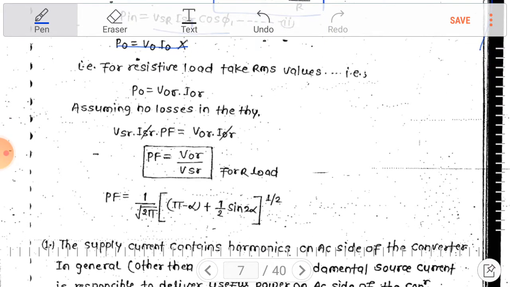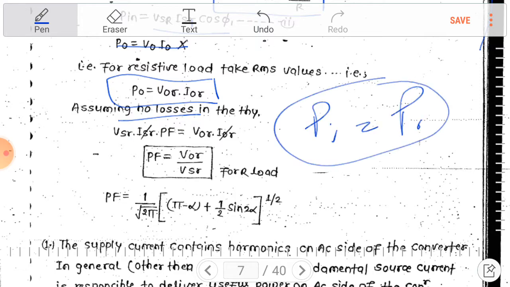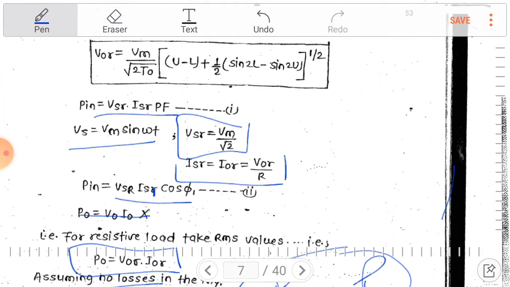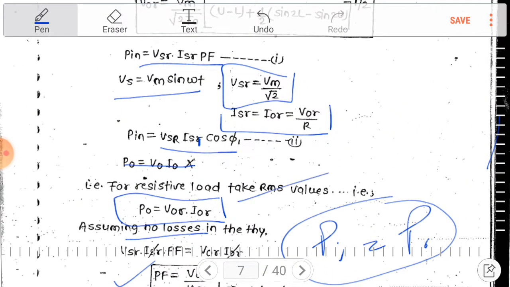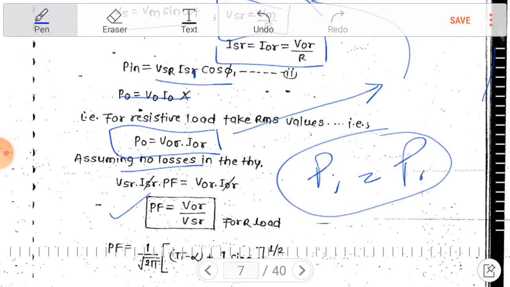For resistive load, the output power is equal to output RMS voltage multiplied by output RMS current. If there are no losses, P input equals P output. Equating, we get the value of power factor. First we equate this output power with equation first, then we get the power factor as V output RMS divided by V source RMS.